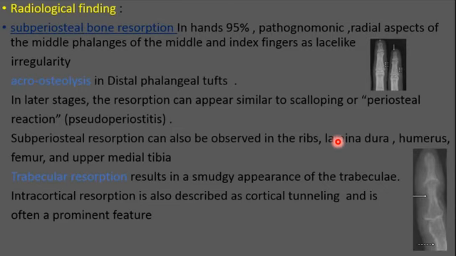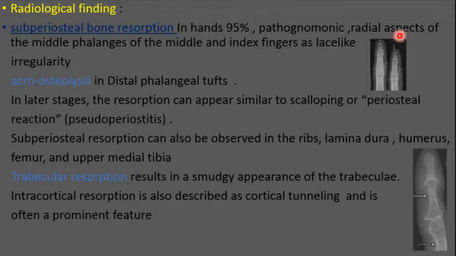Radiological findings: subperiosteal bone resorption, which can be seen in the hands in about 95% of cases of hyperparathyroidism, and it is regarded as pathognomonic for hyperparathyroidism.